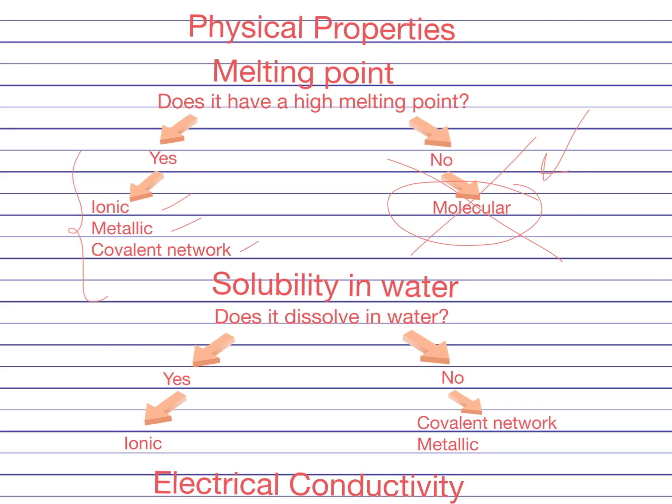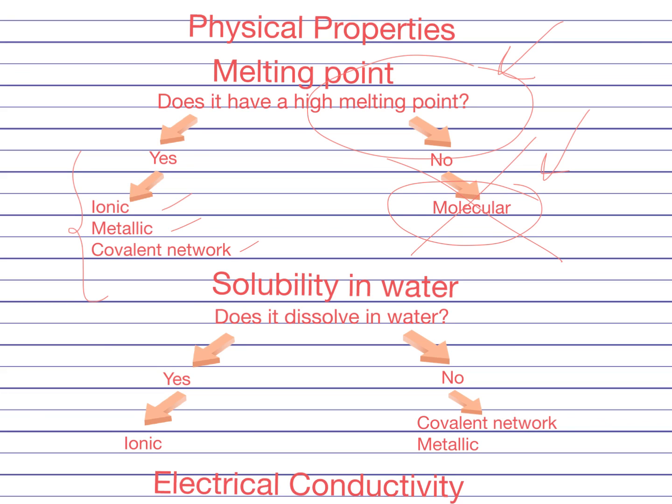Remember that we are designing an algorithm. Crystalline or amorphous? It is crystalline because it's not melting at room temperature. Now we are going to use another instrument. We're going to input heat into the system, and if it has a low melting point, meaning that you are inputting energy and it's melting at a relatively low temperature, you have a molecular one.